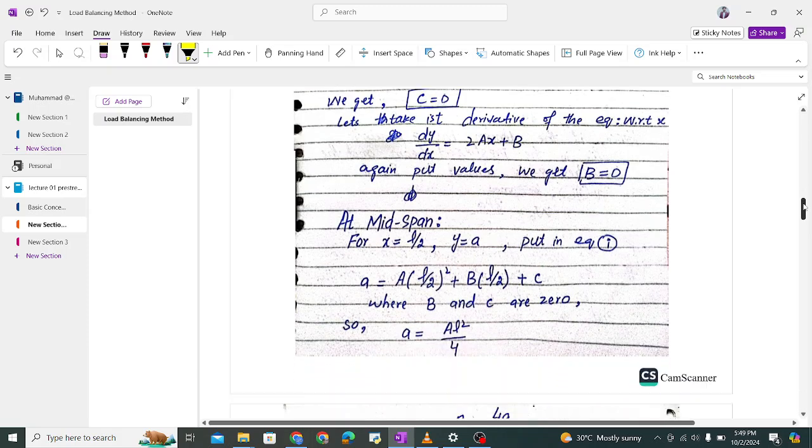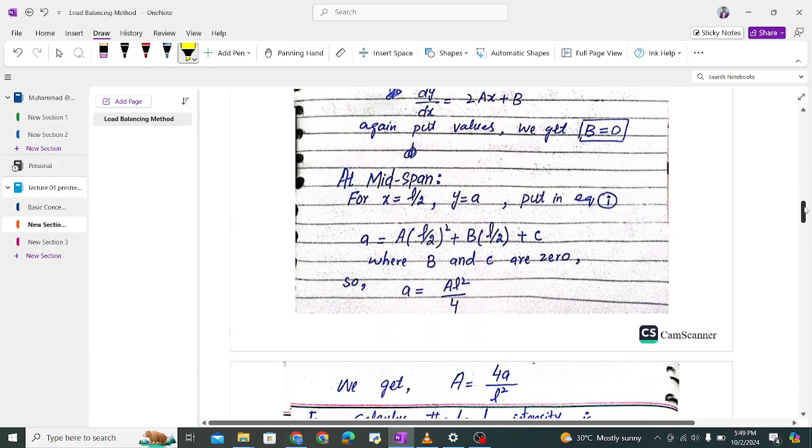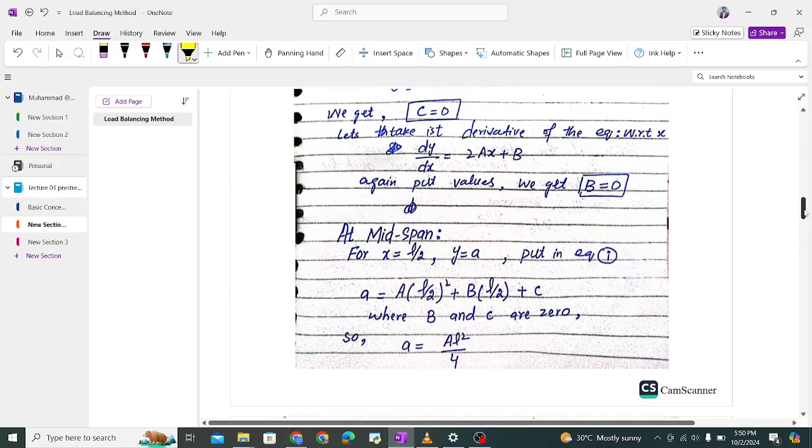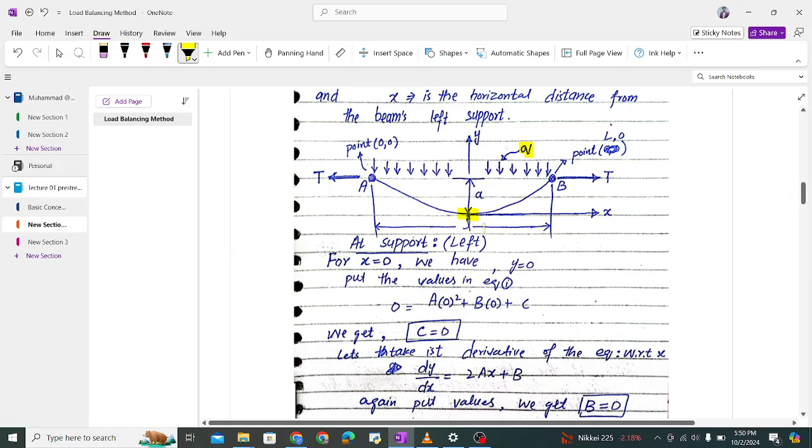Let's move to the next point, at midspan. At midspan, x is equal to L by 2 and y is equal to a. In the figure you can clearly see that x is equal to L by 2 and y is equal to a. This is a, the vertical y, and at this point y is equal to a and x is equal to L by 2.